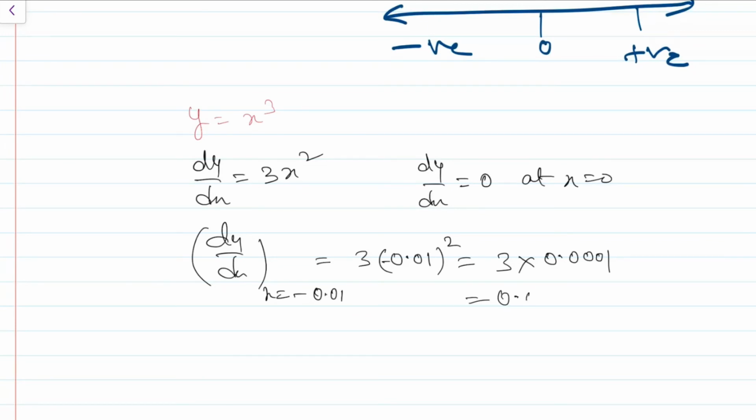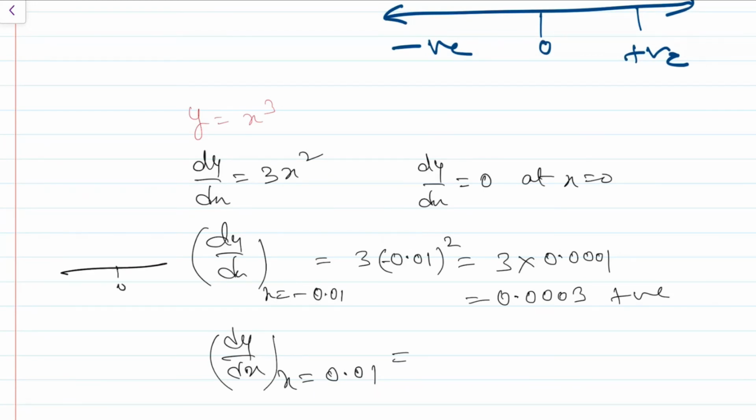This value will be 0.0003. It is positive. Now let us find dy over dx when x is equal to, say, 0.01, a positive value just right of 0. This value is just left of 0, and this value is just right of 0, greater than 0.